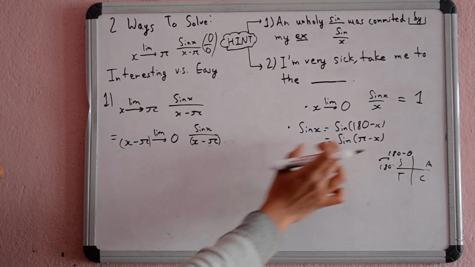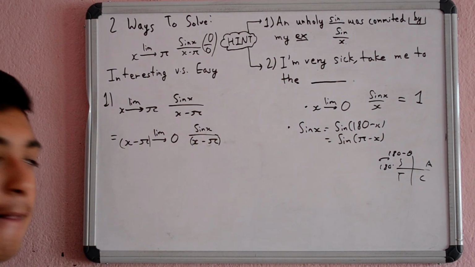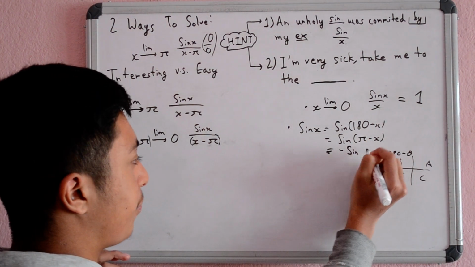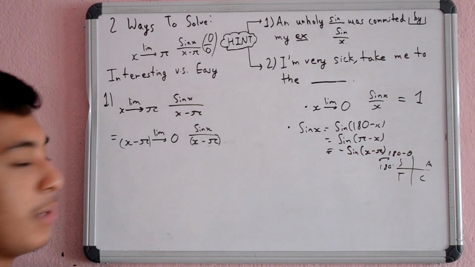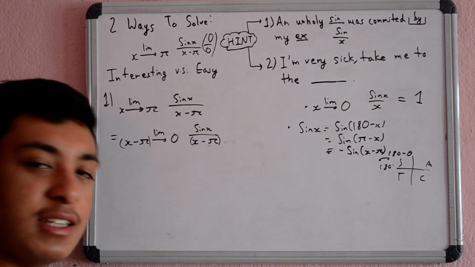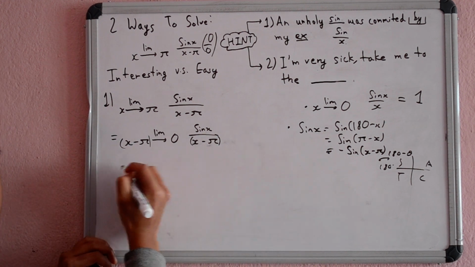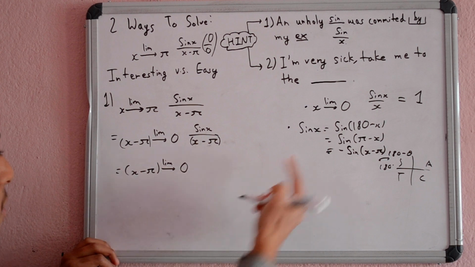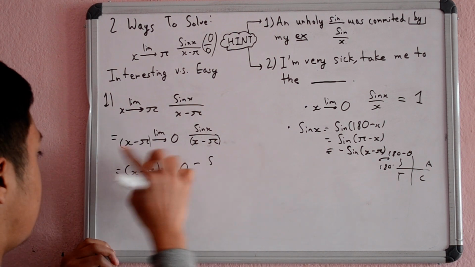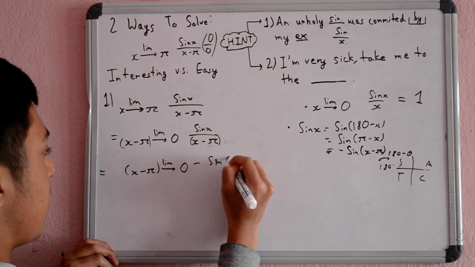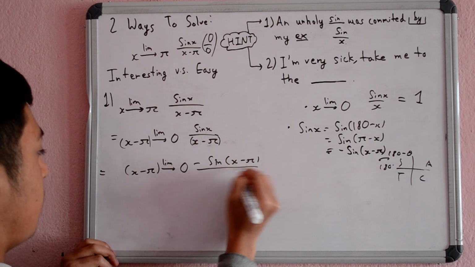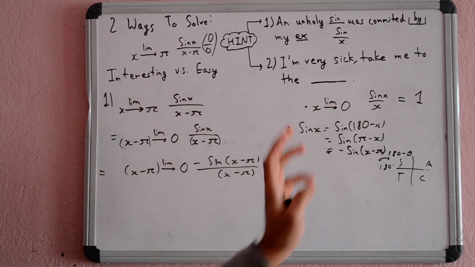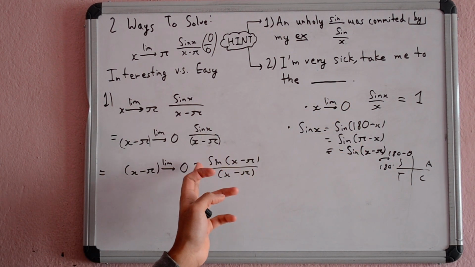But we don't want pi minus x, we want x minus pi. But simply we can take the negative common and put it outside, because sine of minus x is equal to minus sine x. So limit x minus pi approaching 0, sine x is equal to minus sine of x minus pi by x minus pi. So we can see this and this are very similar. We can just put 1 over here, but there's this minus over here.